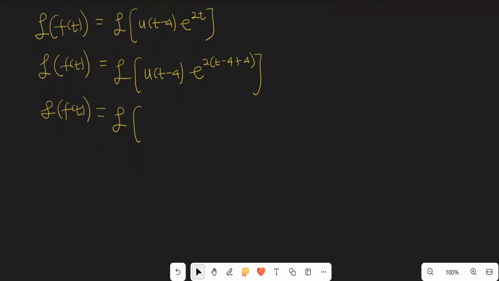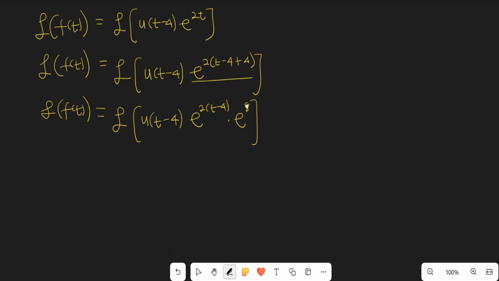So this one is going to be u of t minus 4, and this one is going to be e raised to 2 times t minus 4, multiplied by e to 2 times 4, which is e to the 8. So that is using the laws of indices here. So e raised to the power 2 times t minus 4, and then this is multiplied by e to the 2 times 4, which is 8.